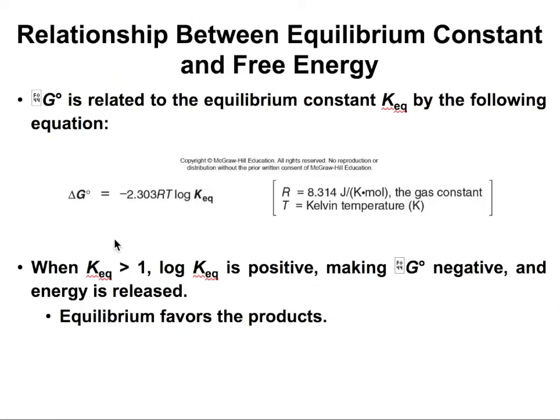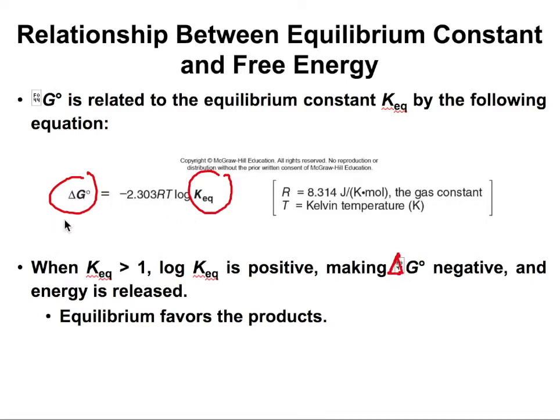The relationship between the delta G and the K equilibrium is given by this formula. Here we have a constant, we have the temperature, and we have the log of K equilibrium. When we want the K equilibrium to be larger than 1, that gives us a positive logarithm of K equilibrium, making the delta G negative.